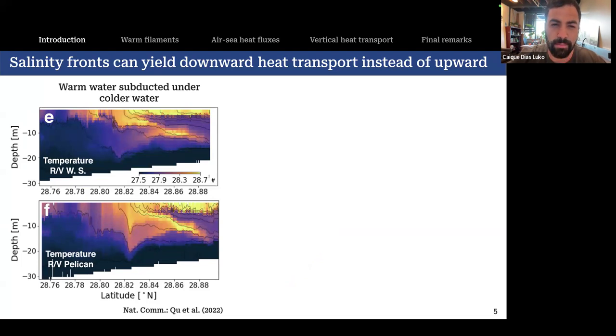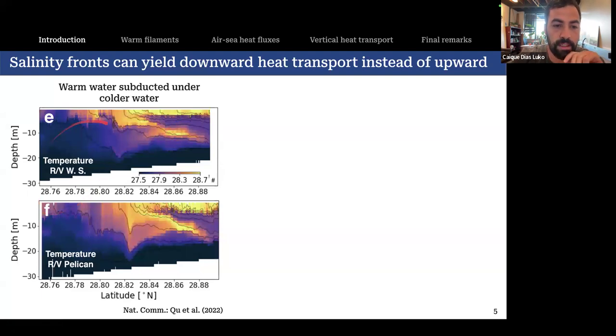It can act a little bit more like a passive tracer, and we can end up with very interesting situations where warm water subducts under cold water. In a normal situation, this would be unstable, but because the stratification is controlled by salinity here, we can maintain this warm water under the cold water.